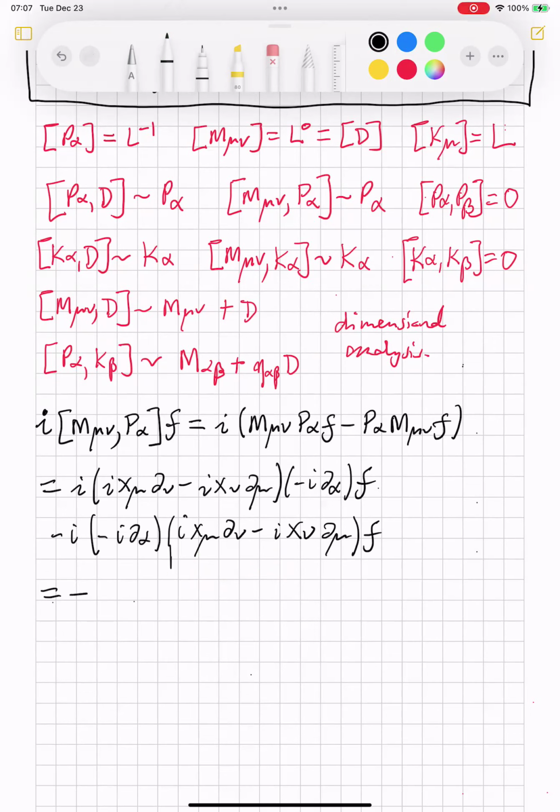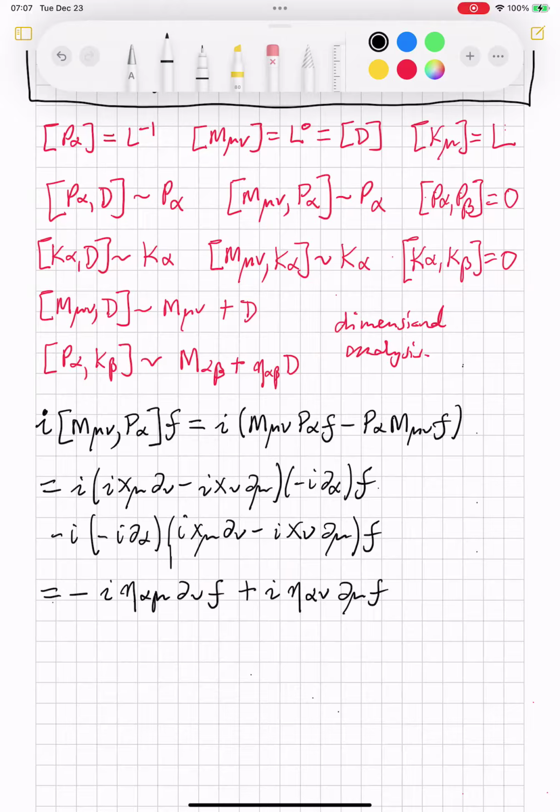The d alpha on the x mu is an eta alpha mu, and we've got a d nu on the f. That's the first term. Then for the second term, the minus times the minus times the minus is a minus. i times i is a minus, so we get a plus i. d alpha acting on the x nu is an eta alpha nu, and then we've got a d mu acting on the f. Good. And that's what the commutator is.